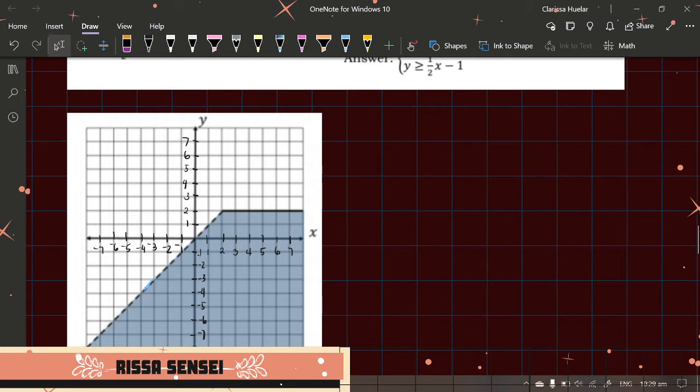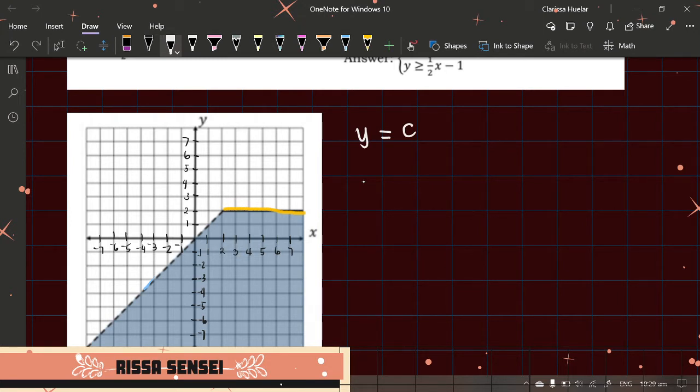Ito lang yung shaded region, yung color blue. Hahanapin natin yung system. And notice that there are two boundary lines or two plane dividers. Bale, ang hinahanap natin ay dalawang linear inequalities. So let's start first with the horizontal line. Please take note that if the graph is a horizontal line, lagi yang y equals kung ano man yung matatamaan niyang number.